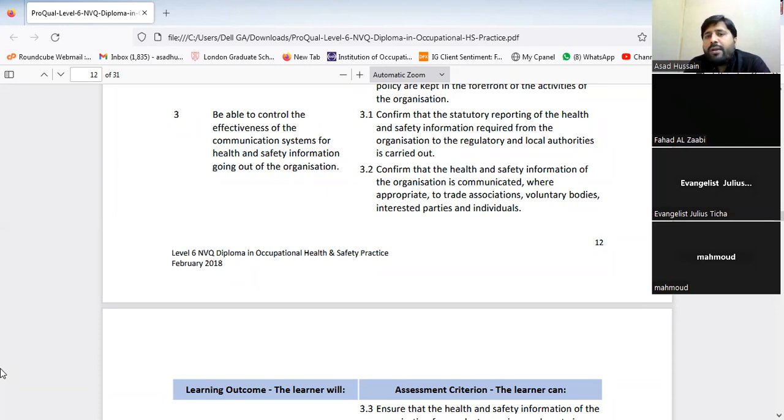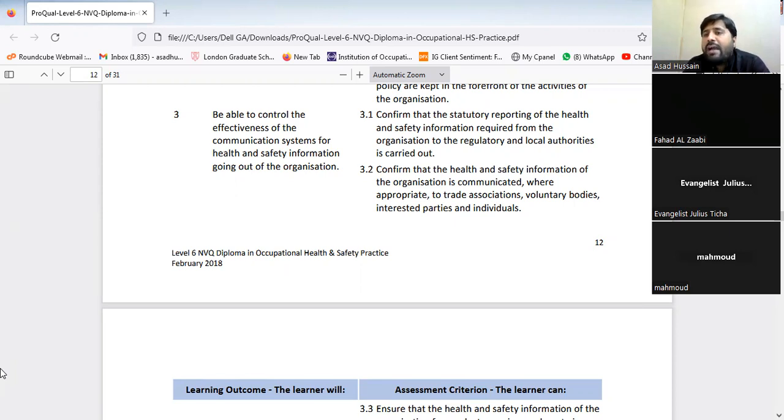So you have to do proper reporting. For reporting, we have a regulation, we call it RIDDOR 2013. Previously it was RIDDOR 1995 because it was developed in 1995 but modified in 2013. It stands for Reporting of Injuries, Diseases and Dangerous Occurrences Regulations 1995, for 2013. With respect to that, you have to report according to the law, and other than that you have an accident reporting system.